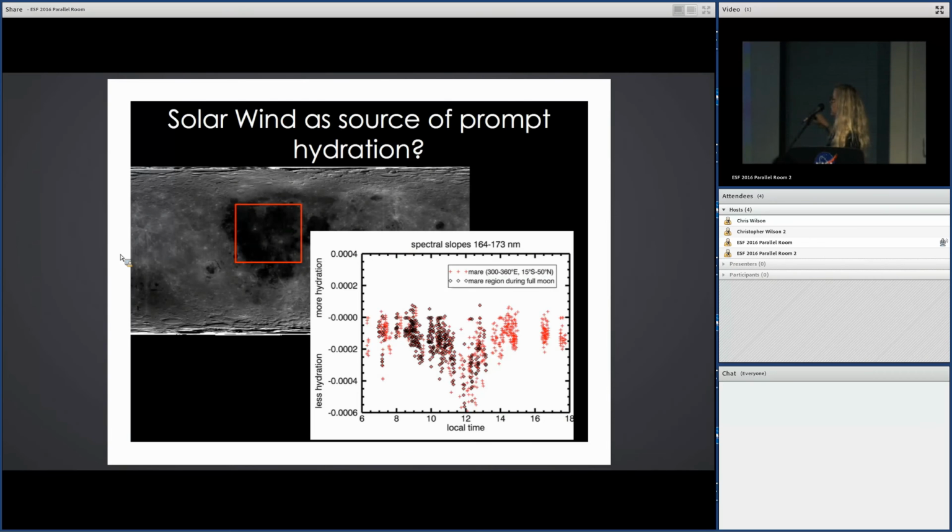And what we find is that we don't see that. We don't see that there's a big difference between in the solar wind and in the magnetotail for this region here. So this can help perhaps place a constraint on the hydration, at least that LAMP senses.